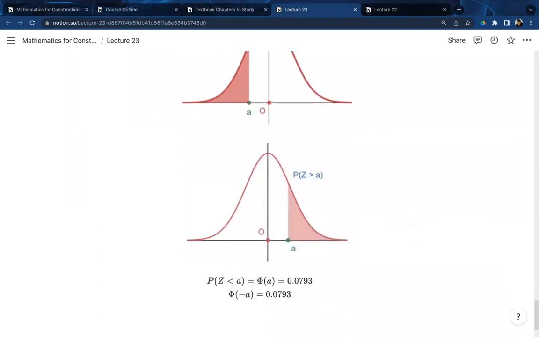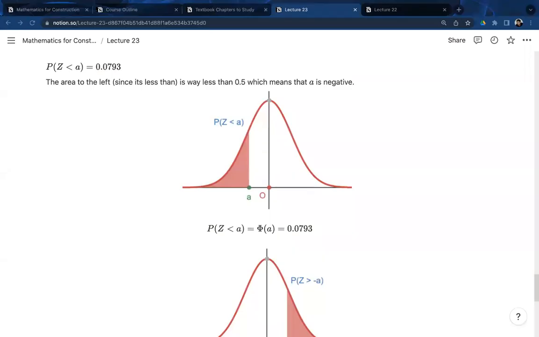This would be negative A. So hold on. We concluded that A is negative and phi of A is this small probability here, which is less than 0.5.